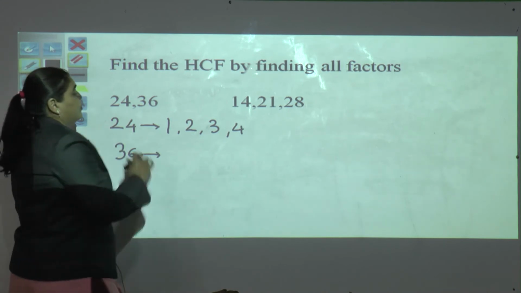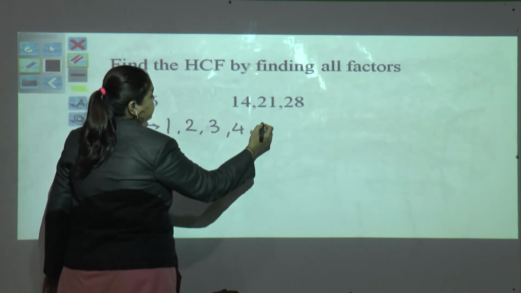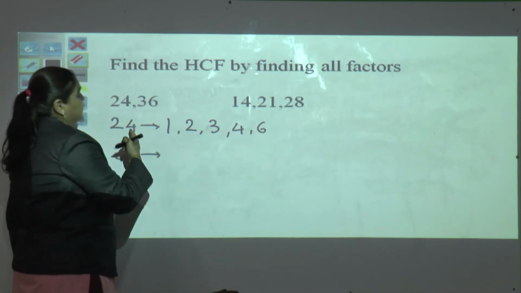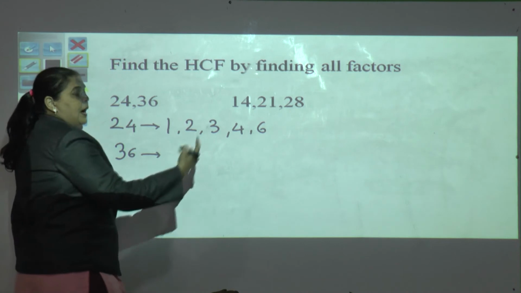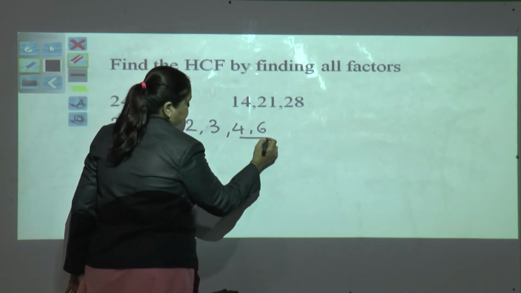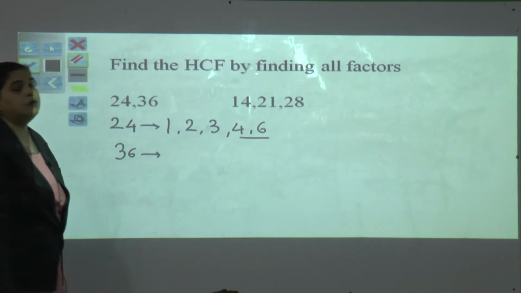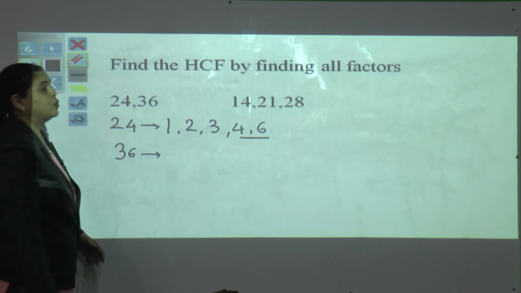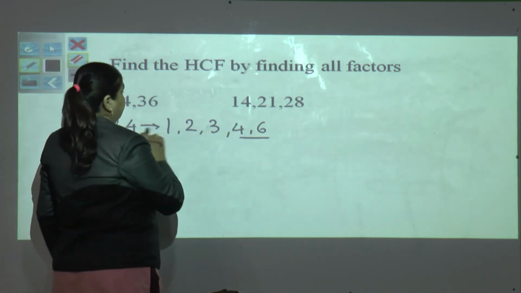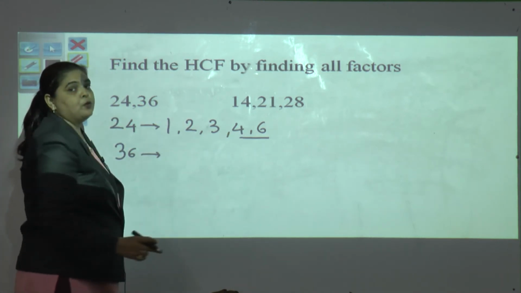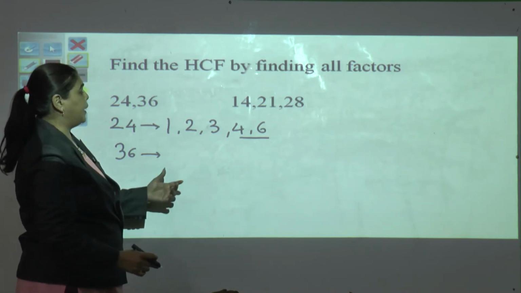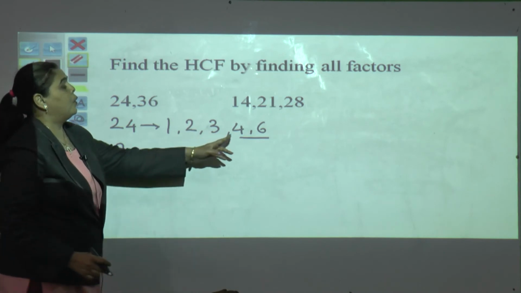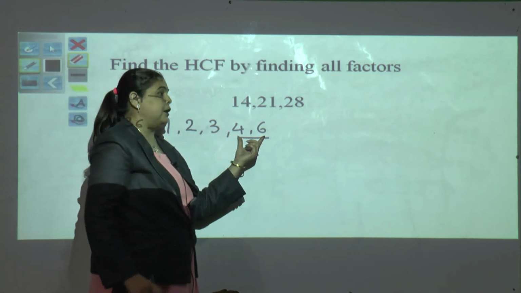So we go for the next number, 6. 6 fours are 24. Here I am going to give a small trick. This is my bridge, the bridge in between. So 6 fours are 24. Now the small trick will make finding factors easier.